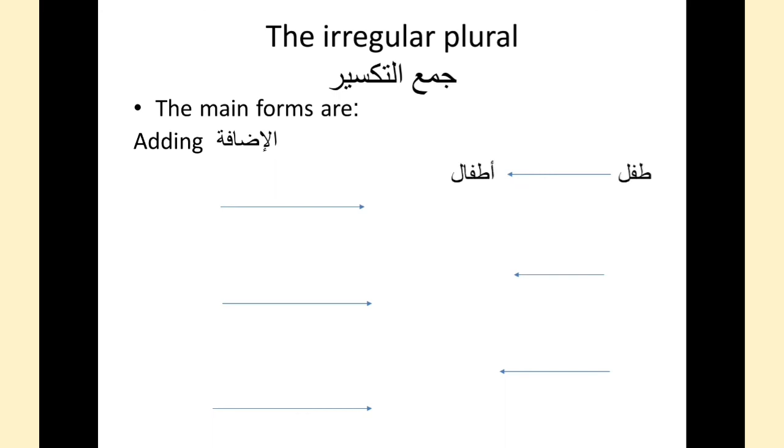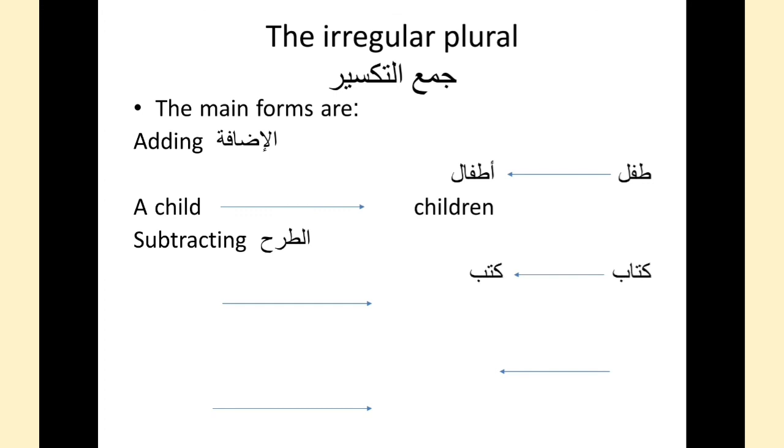Okay, طفل, as the example here, طفل becomes أطفال, which means a child becomes children. Second one, by subtracting, or الطرح, by removing letters from the word so as to make it in the irregular plural. For example, كتاب becomes كتب. كتاب means a book, becomes books.